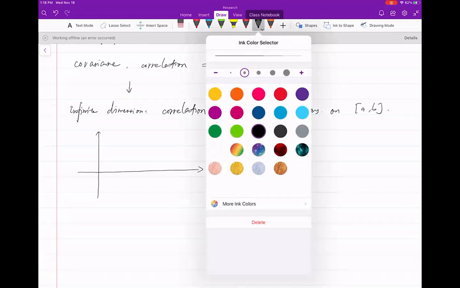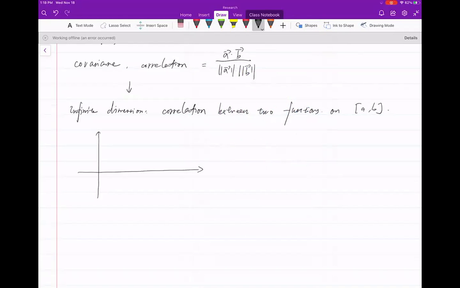It's pretty easy to understand. If you have a function that goes up here, goes down here, goes here, and horizontal here, and then goes down. You have another function which similarly goes up as this one goes up, goes down as this one goes down. Maybe a little bit different here, but you can see they're kind of similar in terms of the trend.